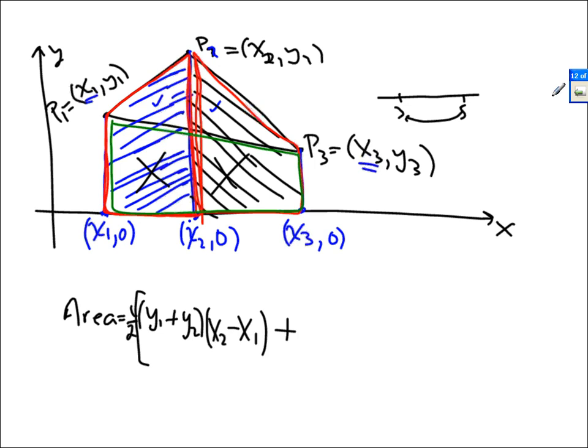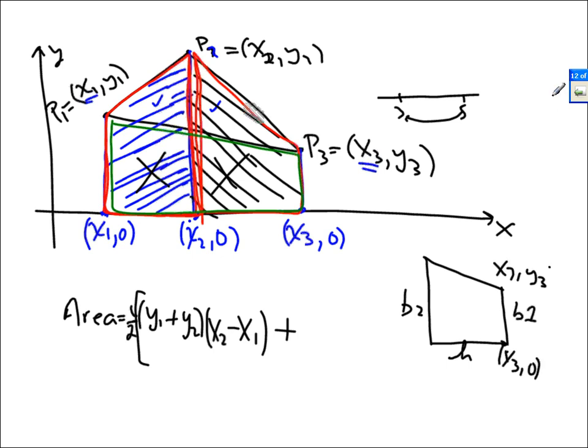Plus, now we want to find the area of this rhombus. B1, B2, and I'll use that as the height. Well, this point goes from x3, 0 to x3, y3. It just went straight up. The x didn't change. This height is y3.